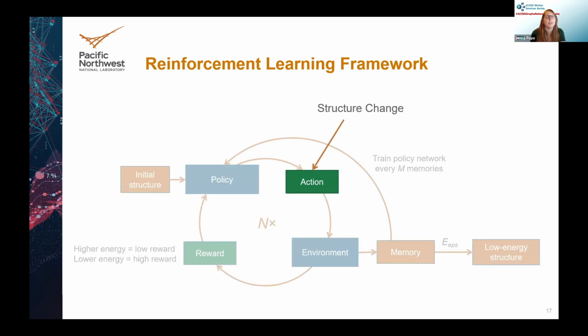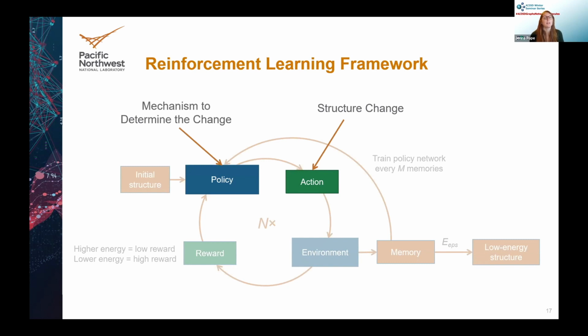The action is simply some structural change we want to implement. This is the rules of the game. What kind of moves is our algorithm allowed to make to accomplish its goal? And the policy is the mechanism that implements that change. Our policy here is a differential dynamic programming policy, and this is a neural network that is continually trained during the RL run.